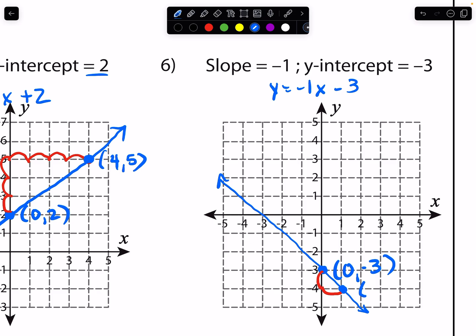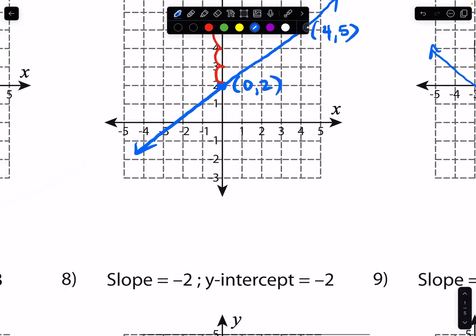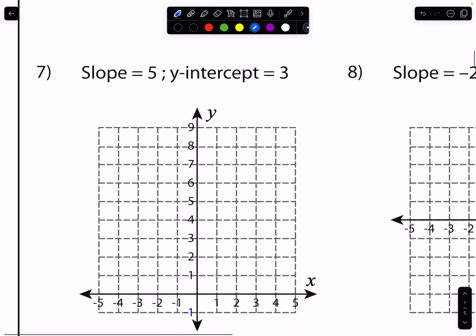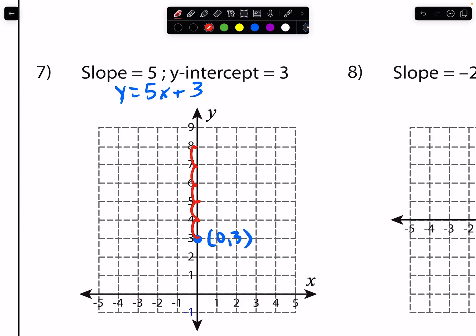So this one will be 1, -4. Number 7, y equals 5x plus 3. Y-intercept is 0, 3. My slope is up 5, 1, 2, 3, 4, 5, forward 1. Next point is 1, 8.